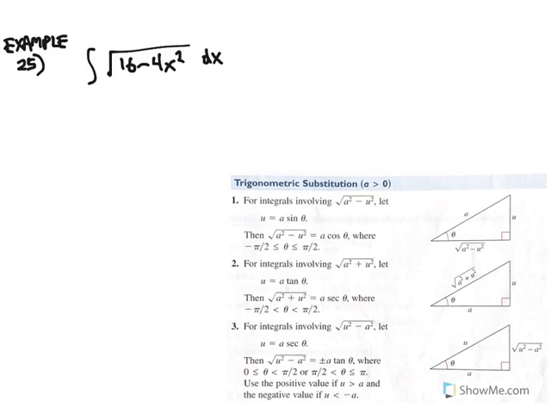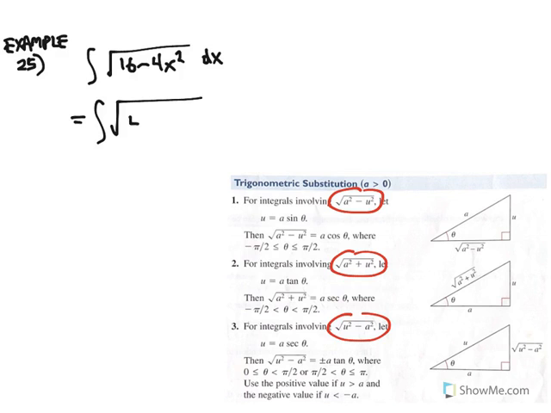We will begin number 25 by deciding which of these three forms our integrand matches. So our integrand is the square root of 16 minus 4x squared. We will rewrite that as the square root of 4 squared minus (2x) squared.